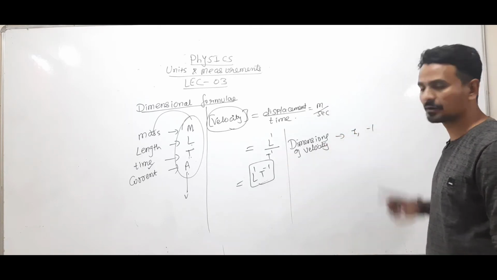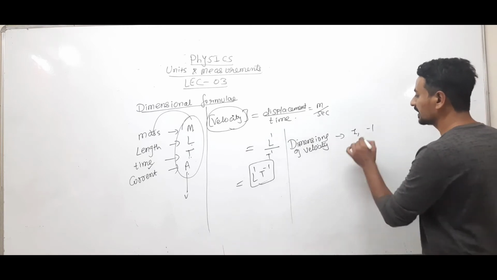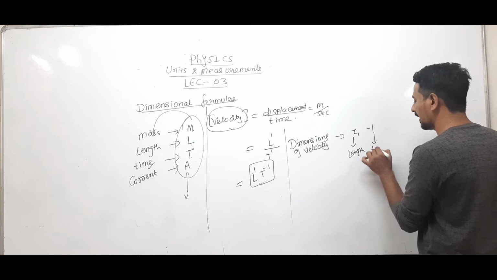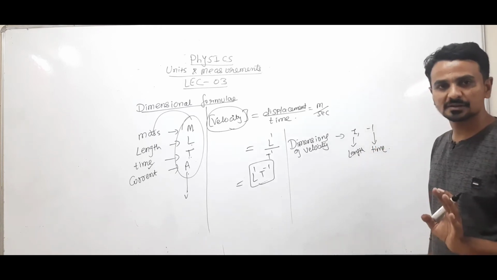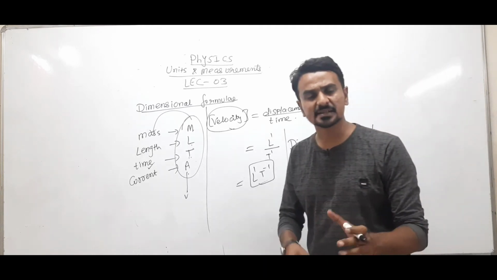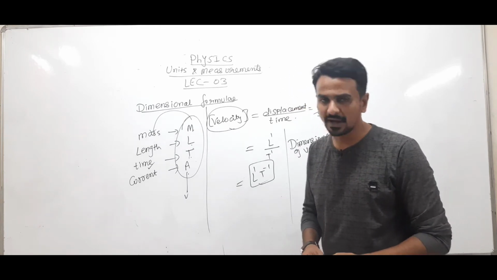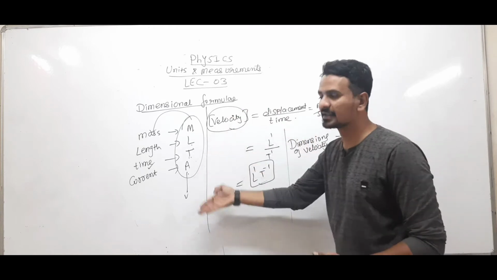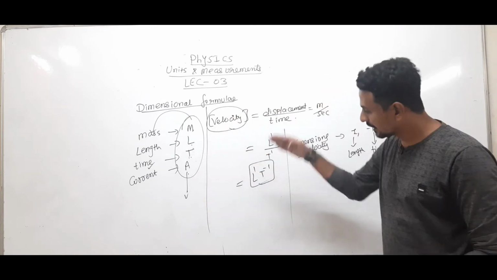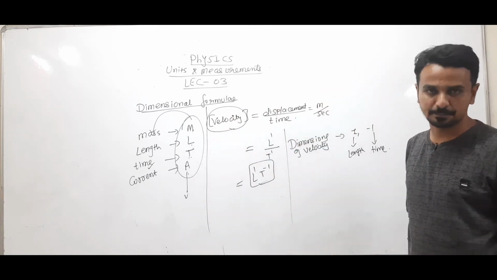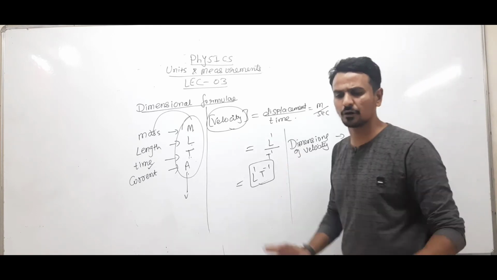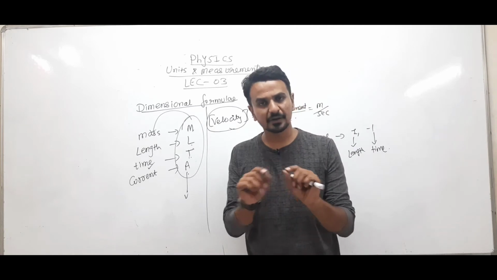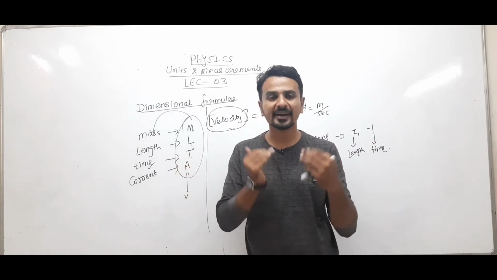These are the dimensions of velocity: 1 is for length, minus 1 is for time. You are getting the point? You just have to represent any physical quantity by appropriate powers, by taking the help of these 7 fundamental quantities. In short, when any physical quantity is represented by appropriate powers of M, L, T, you have written the dimensional formula for that physical quantity.